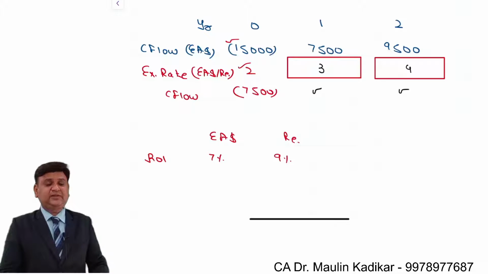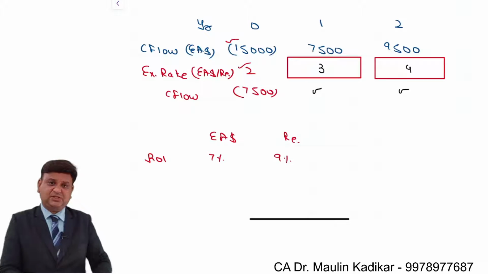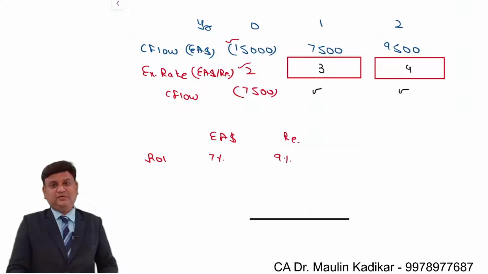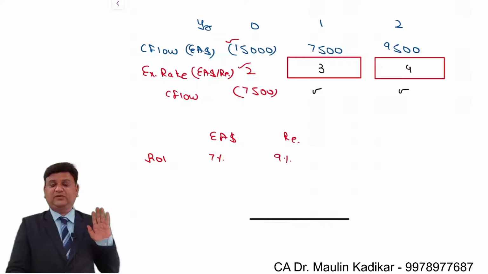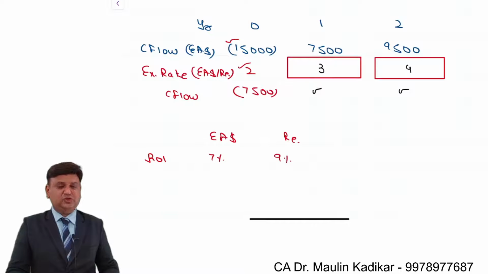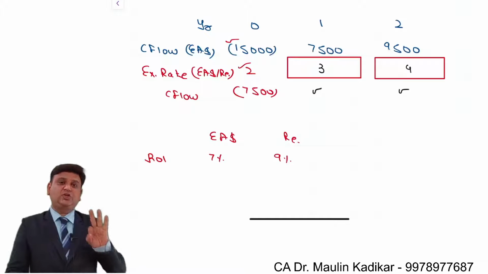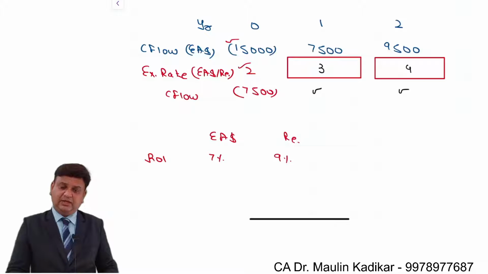You have been provided with the discounting factor 16%. In absence of information, we make an assumption that this is the domestic currency cost of capital. Yes, you may be provided with the foreign currency adjusted cost of capital, but over here nothing like that information is given. So we assume that this is the domestic currency cost of capital, that is rupee currency cost of capital.